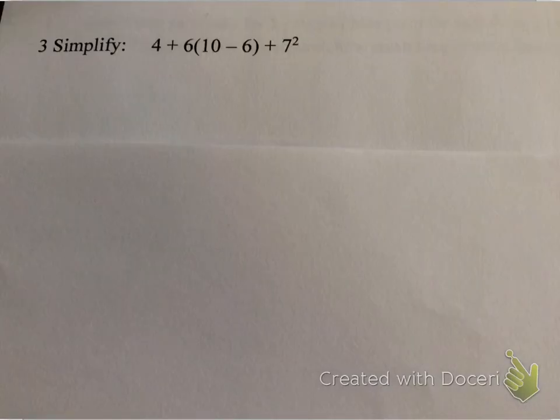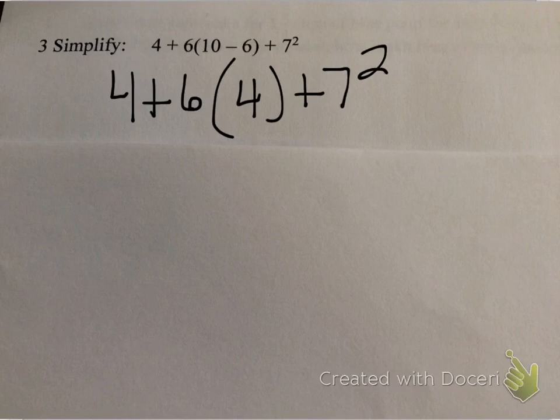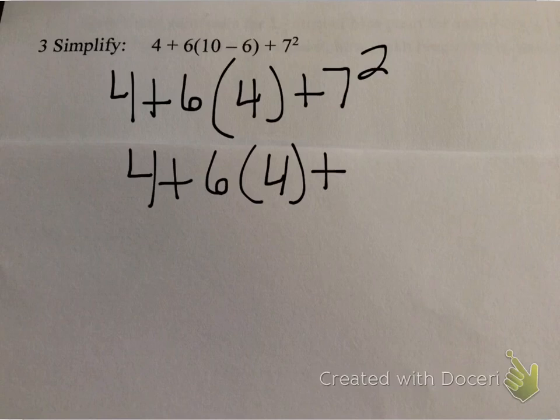Number 3, following your order of operations, I'm going to use my grouping symbols first. So we have 4 plus 6 times 10 minus 6 is 4 plus 7 squared. Then I'm going to do my exponents. So 4 plus 6 times 4 plus 7 squared. 7 times 7 is 49.